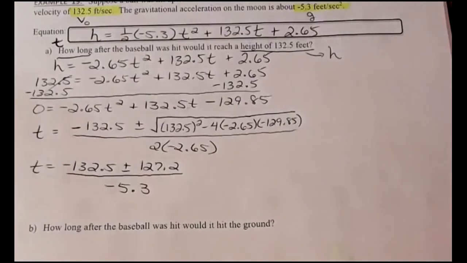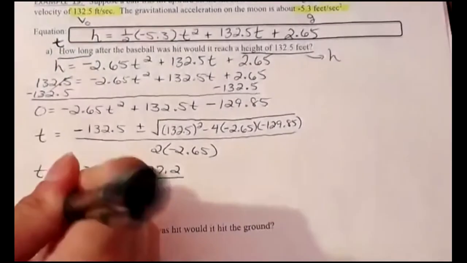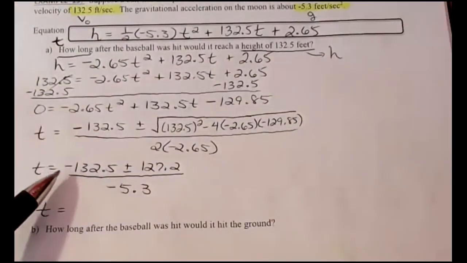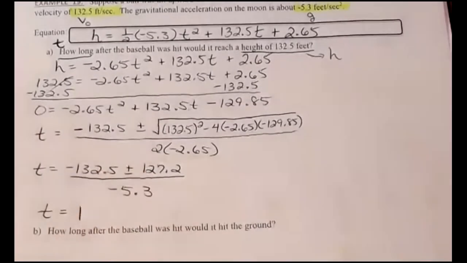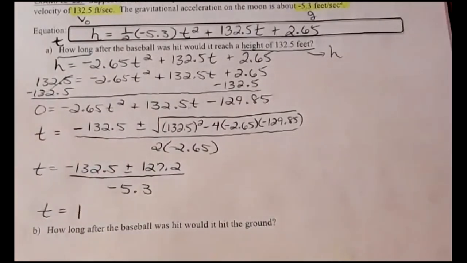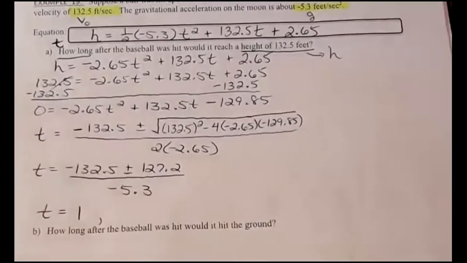We are looking for two solutions here. We're going to start by taking negative 132.5 plus 127.2, and then we're going to divide that by negative 5.3. When I do that math, I get that T is equal to 1. Let's find the other solution.